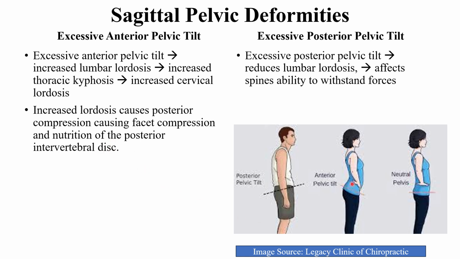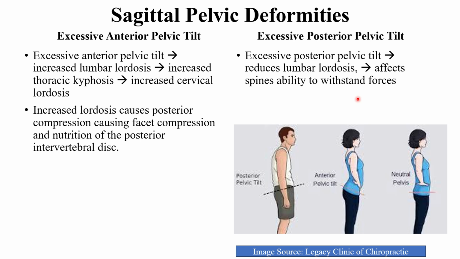Likewise, if there is an increased posterior pelvic tilt, there is a reduction in the lumbar lordosis, which also affects spinal stability, because there is some amount of lumbar lordosis, thoracic kyphosis, and cervical lordosis that is necessary for the spine to be stable.